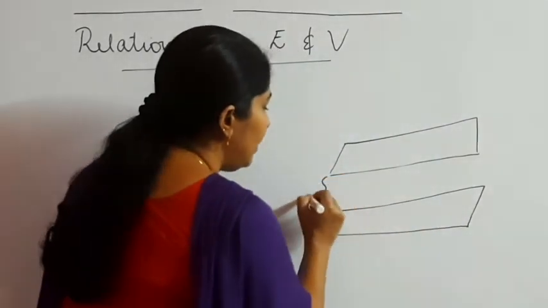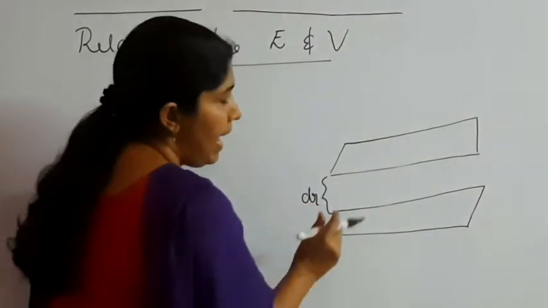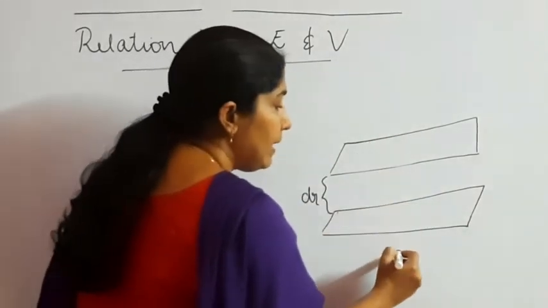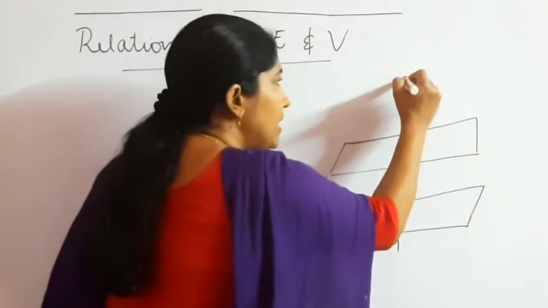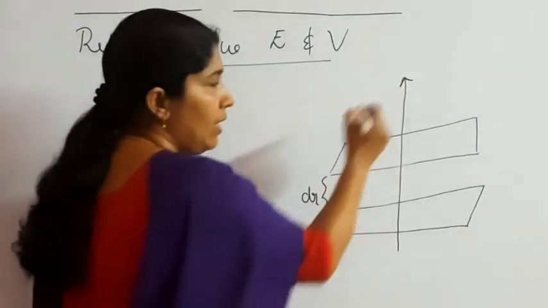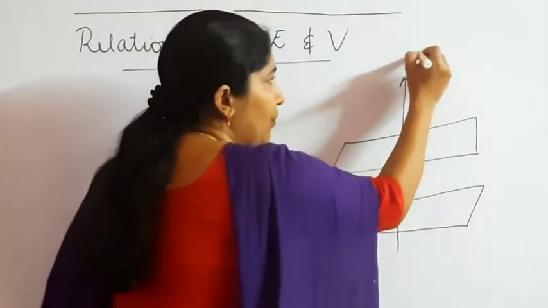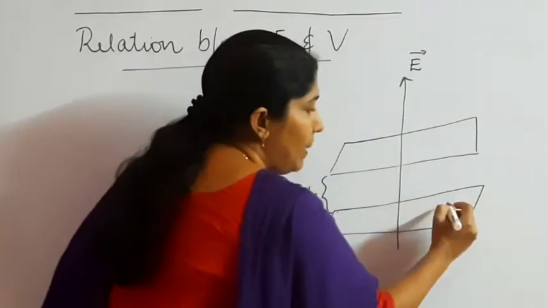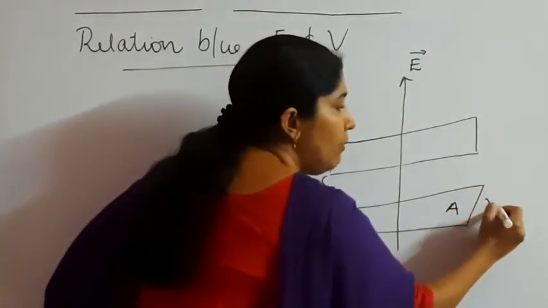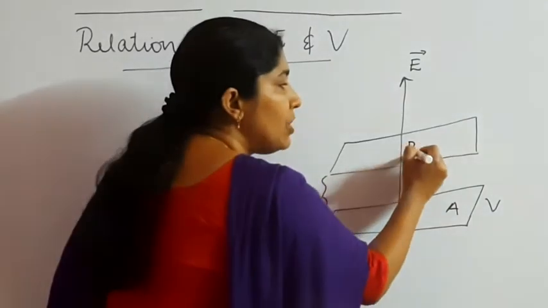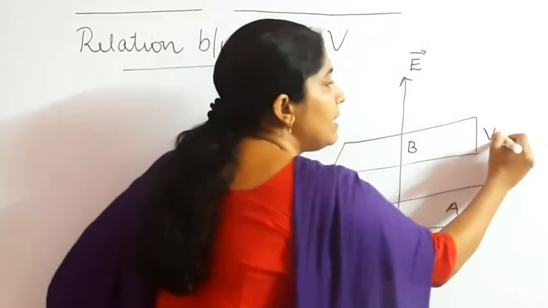That distance is equal to dr, and these two plates are placed in an electric field, and this is the direction of the electric field. Plate A has a potential V, and plate B has potential V plus delta V.